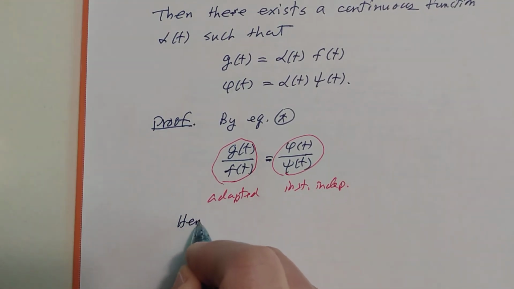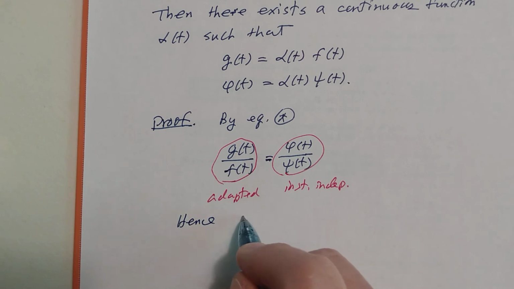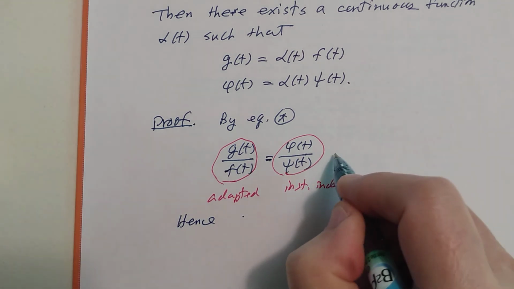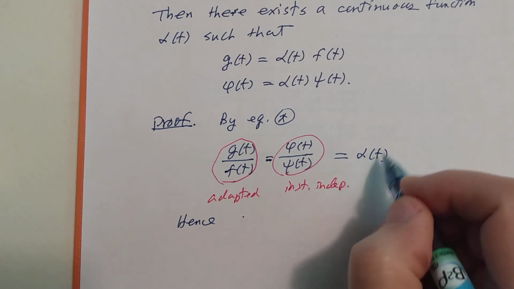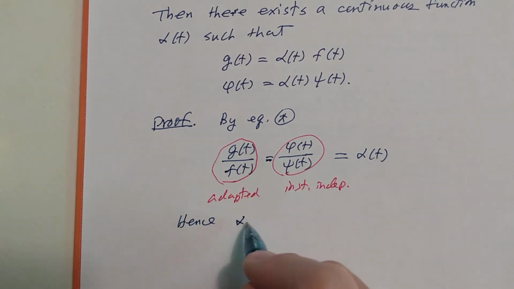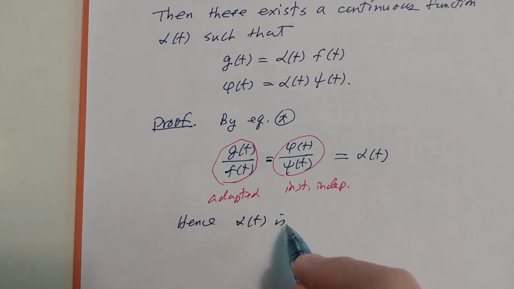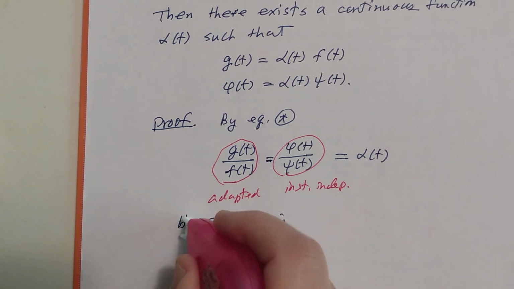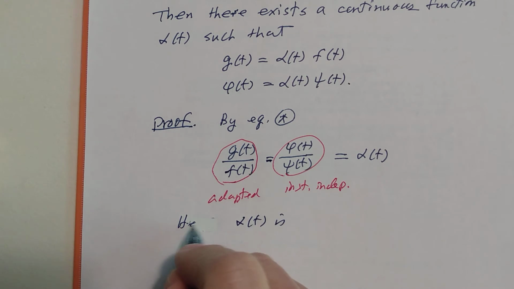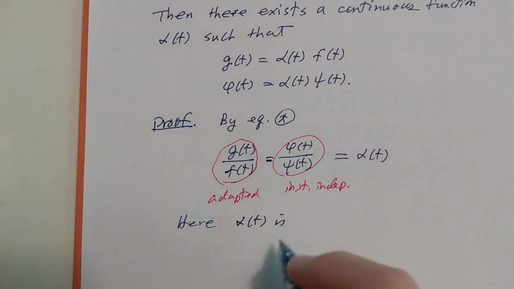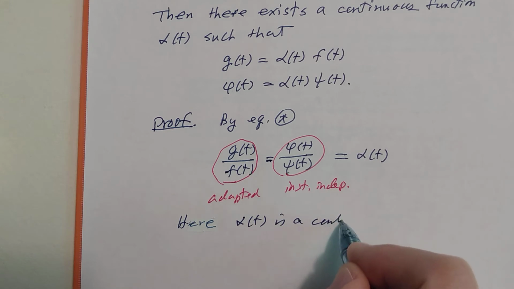hence, let me put this as alpha_t. And alpha_t is continuous, hence alpha_t is a deterministic function. Here, alpha_t is a continuous function.